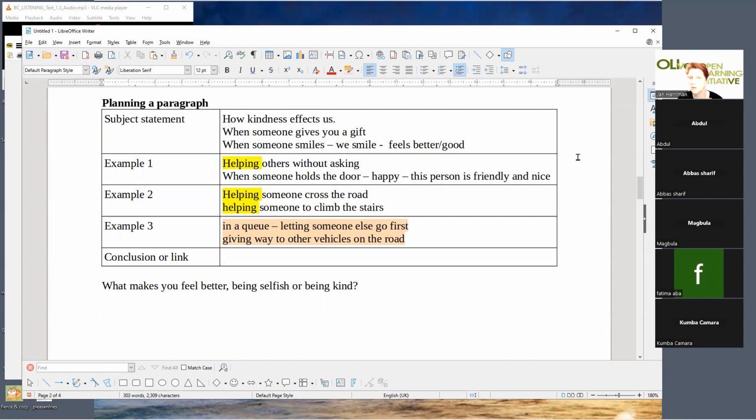How it feels when someone holds the door for you. Helping someone across the road or climb the stairs. How it feels to do that. In a queue, the act of letting someone else go first or giving way to other vehicles on the road. Okay. So we know what we're going to include in the paragraph. So what kinds of words would you use to start the paragraph, to introduce the idea?